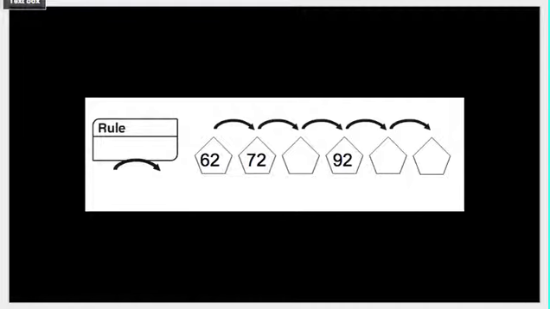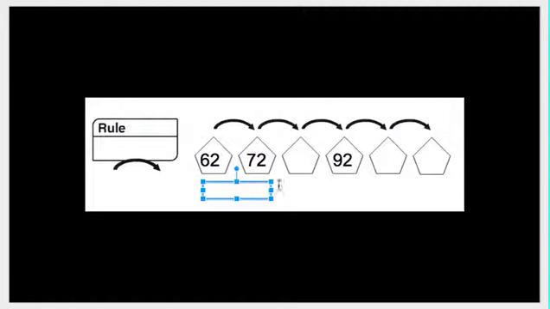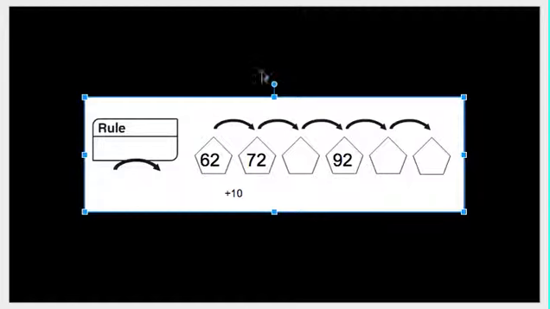For example, we can look at 62 to 72, and we know that there is an increase of 10 between 62 and 72, right? 62 plus 10 will get you 72.